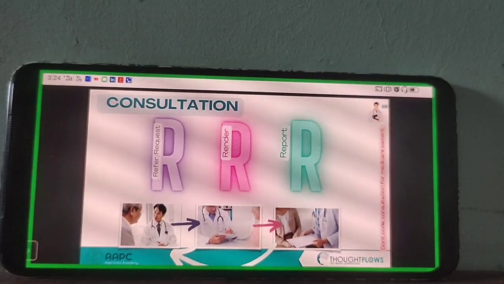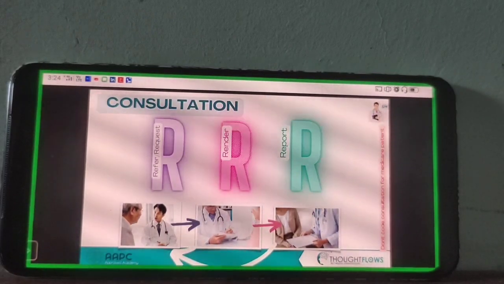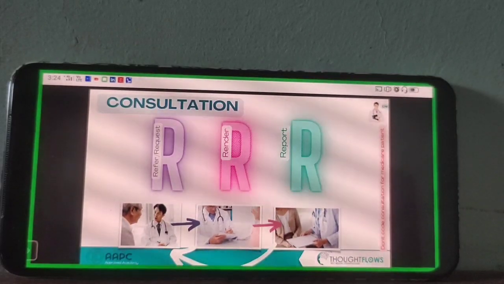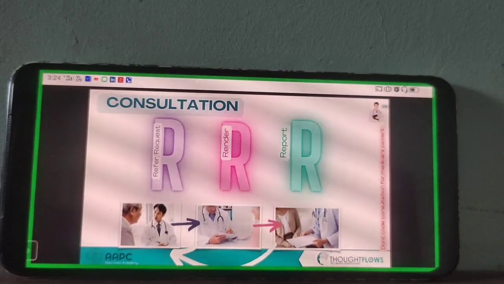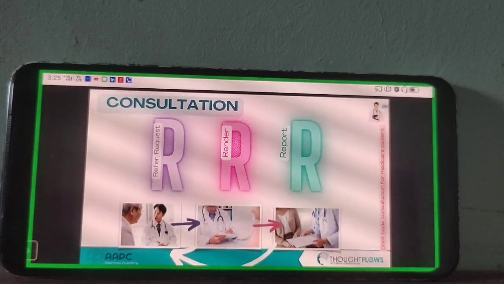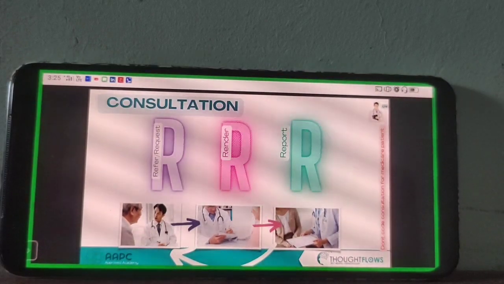After the reference, the referred physician examines the patient, that is render. Examine the patient and get the report, that means the result, then that report is transferred to the requesting physician.